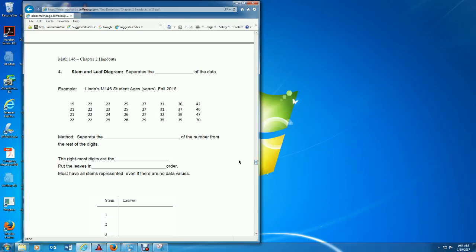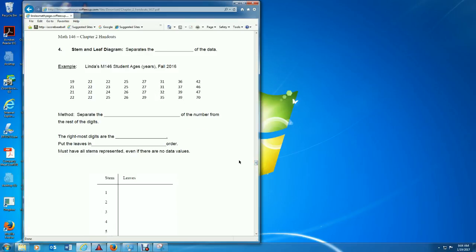Stem and leaf diagram. This might be something you have not seen before. This actually separates the digits of the data. So for example, here are my student ages from last quarter, fall of 2016.